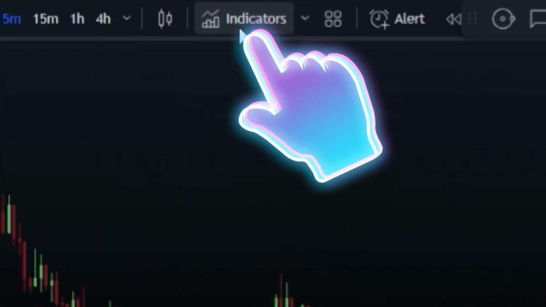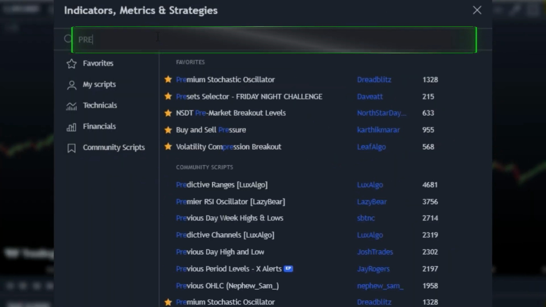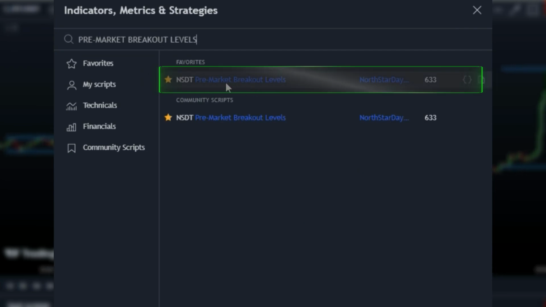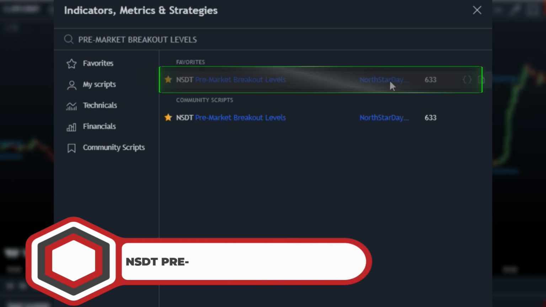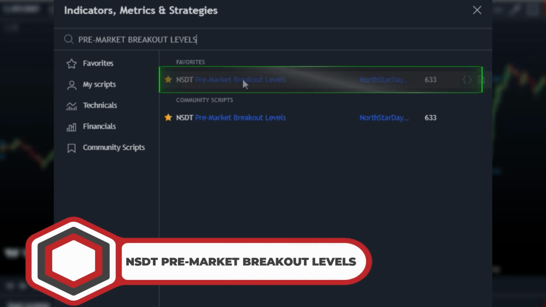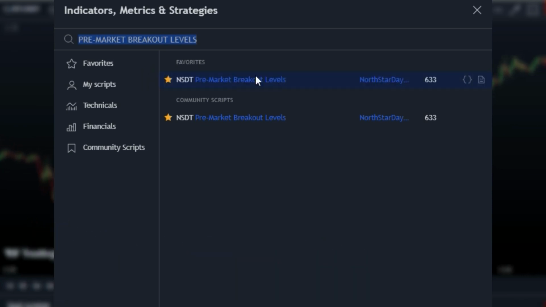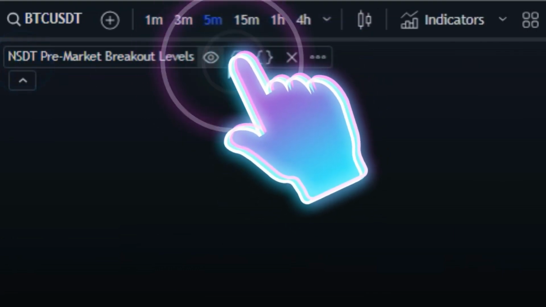First, we'll get to know our first indicator, the pre-market breakout levels. After adding it, let's optimize its settings.